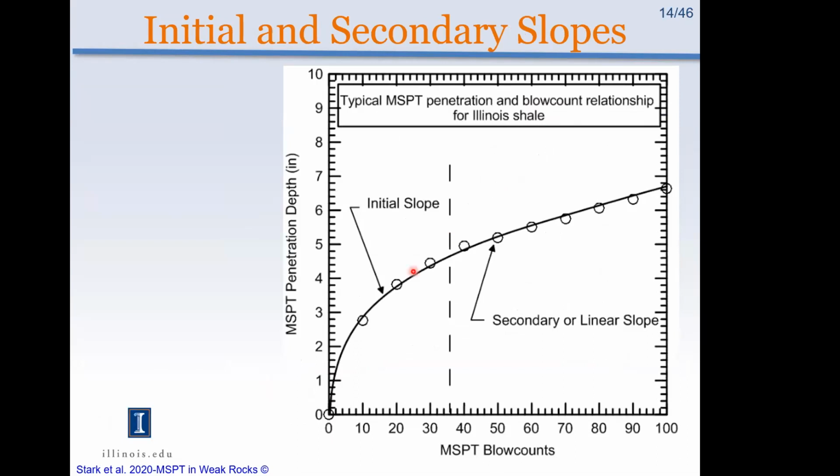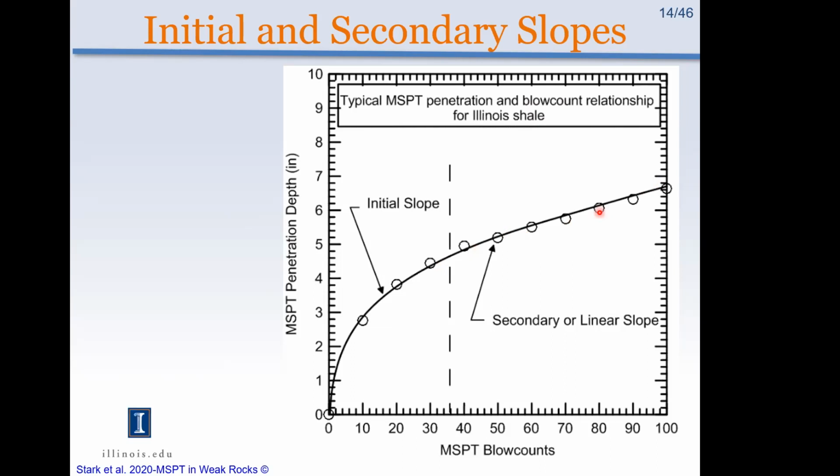The initial slope, which is a function of how much disturbance and cuttings are left in the bottom of the boring or core before the MSPT is run. And then the secondary or linear portion. And this secondary or linear portion reflects the undisturbed nature or behavior of the weak rock. And that's what we're going to use to calculate the rate of penetration, not a blow count.